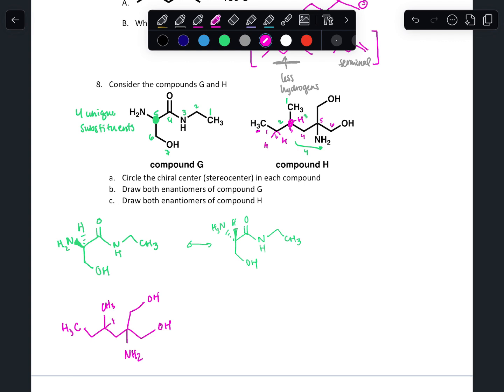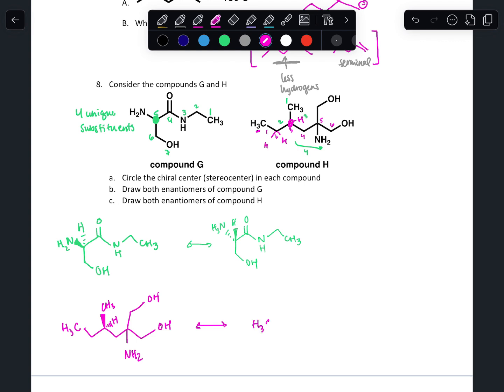And then we will add our wedges and dashes to show that we have a 3D structure. So I'm going to make my methyl group wedged and my hydrogen dashed.